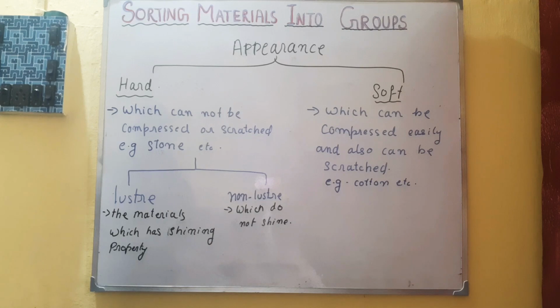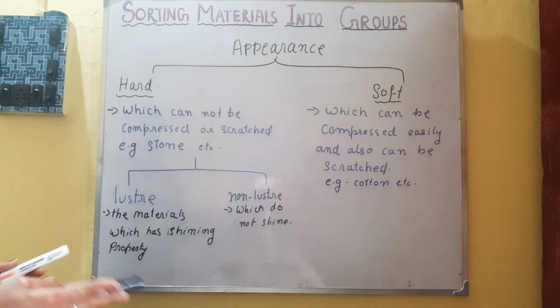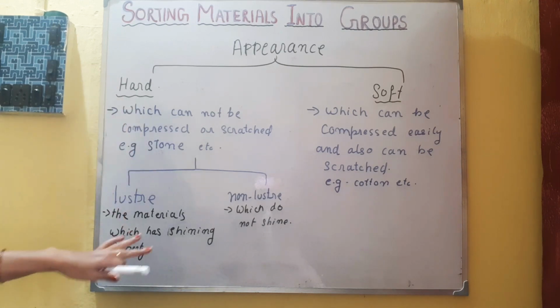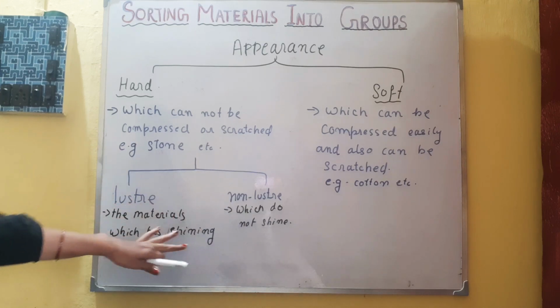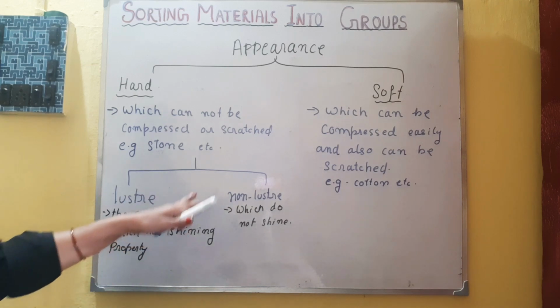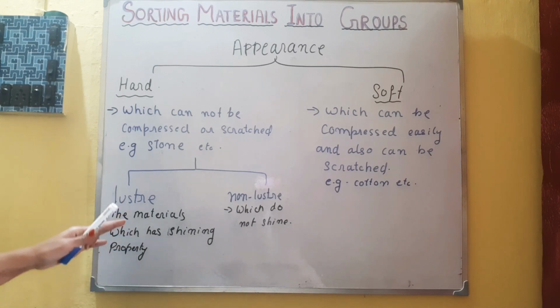So on the basis of appearance we divide materials into two groups, hard and soft. Hard material cannot be easily compressed or scratched, whereas soft material can easily be compressed or scratched. Hard materials also have some other properties like luster and non-luster. Luster is the property of shining, and materials which do not shine are non-lustrous.